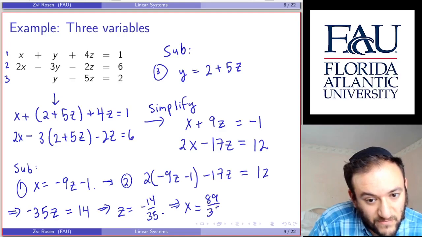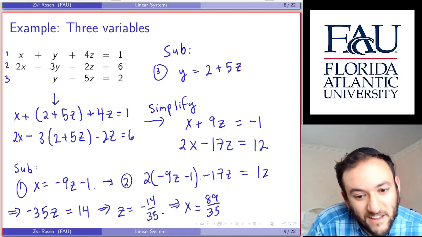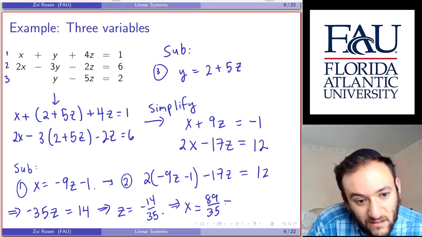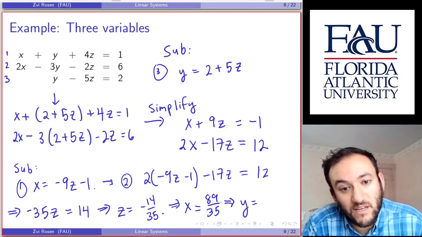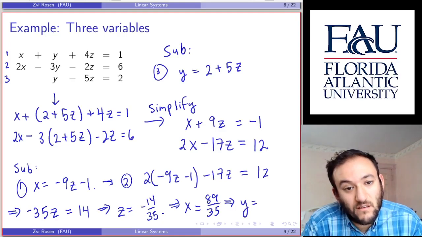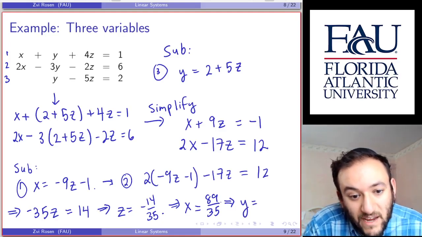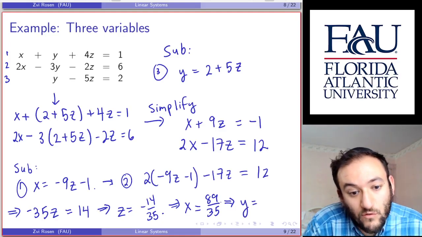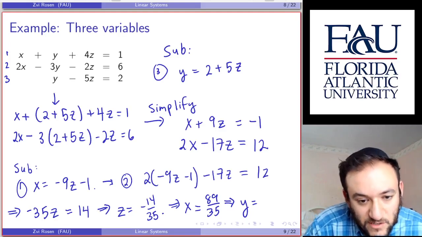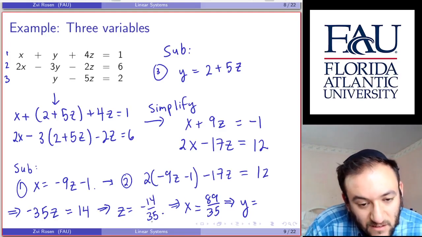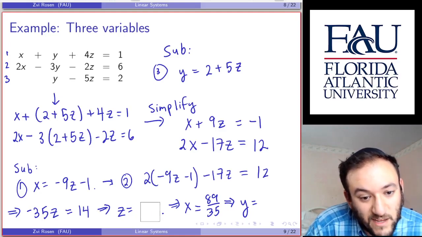And leave a comment if I'm mistaken. And plugging the z into y as well gives us 2 plus 5 times z, which is minus 14 over, oh, you know what, there's a common factor of 7 here. Let's simplify. So this is minus 2 over 5.